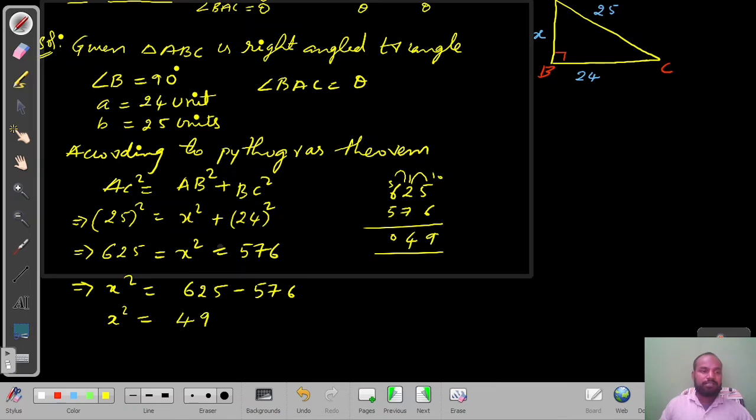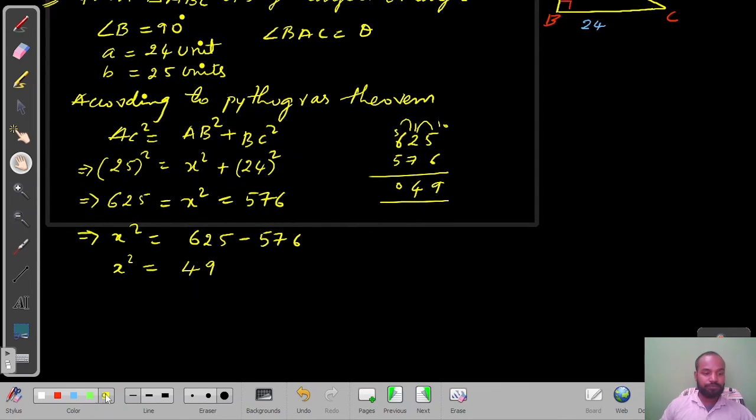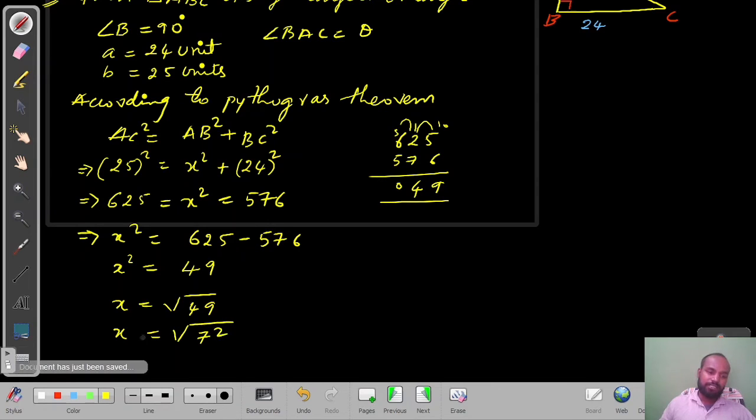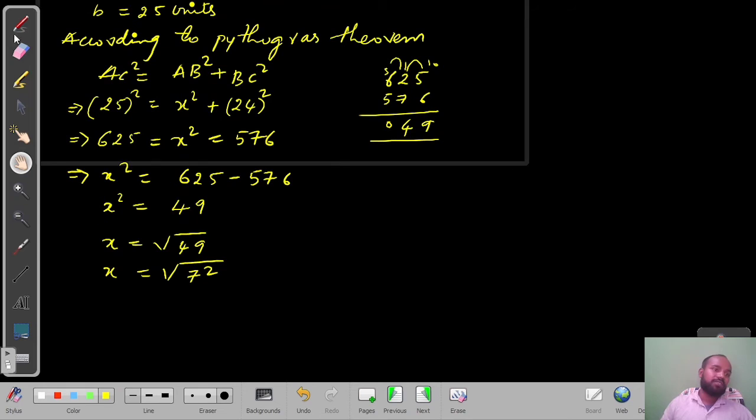I can write it like this. Next, x equals, I am removing the square and sending it to that side, so it becomes the square root of 49. We can write 7 square is equal to 49, right? So 7 square is 49. Then we get x equals 7.